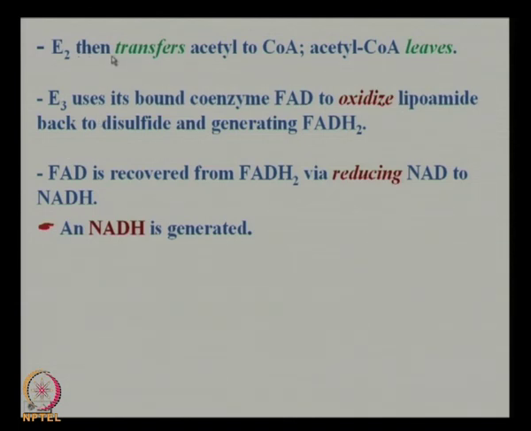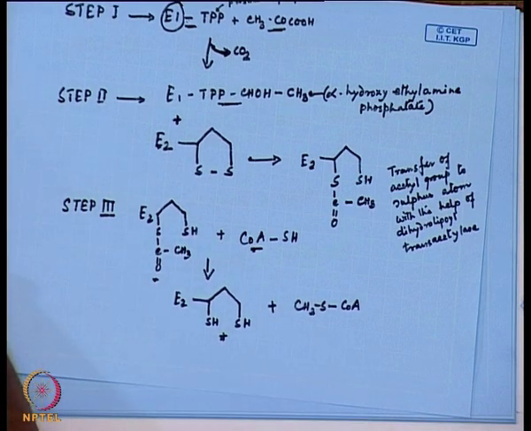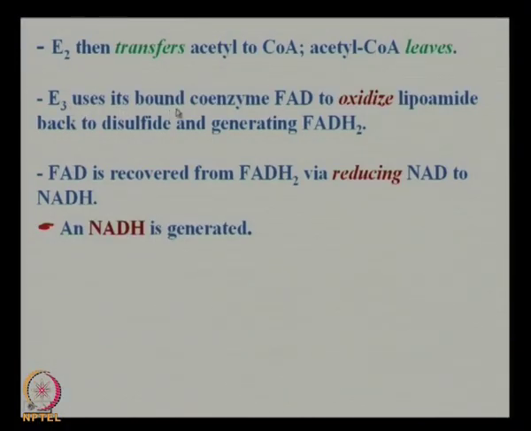This E2 then transfers this acetyl to CoA and forms acetyl-CoA, which is the product that leaves this complex. And this E3 uses the bound coenzyme FAD to oxidize lipoamide back to the disulfide, generating FADH2.